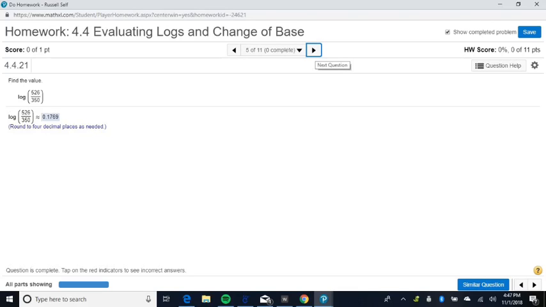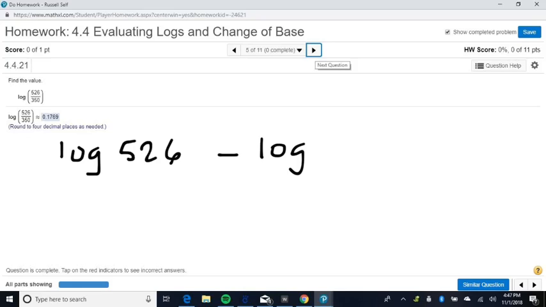So, for example, if I did this particular one, log of 526 minus log of 350, do each one, and then use those decimals to do the subtraction. Do not round while you're working, but when you're finished.